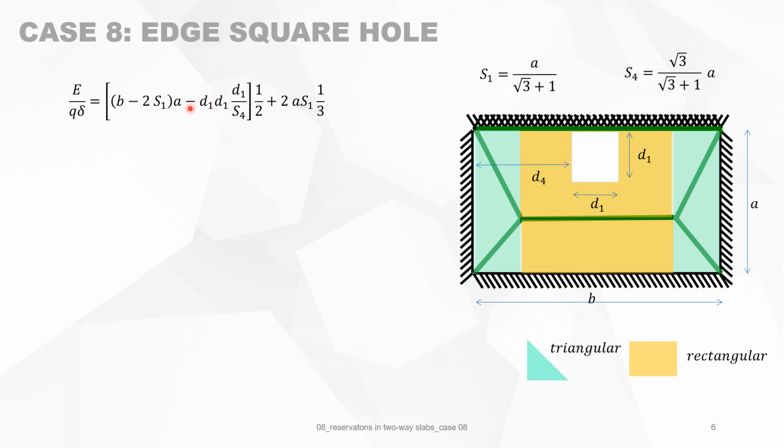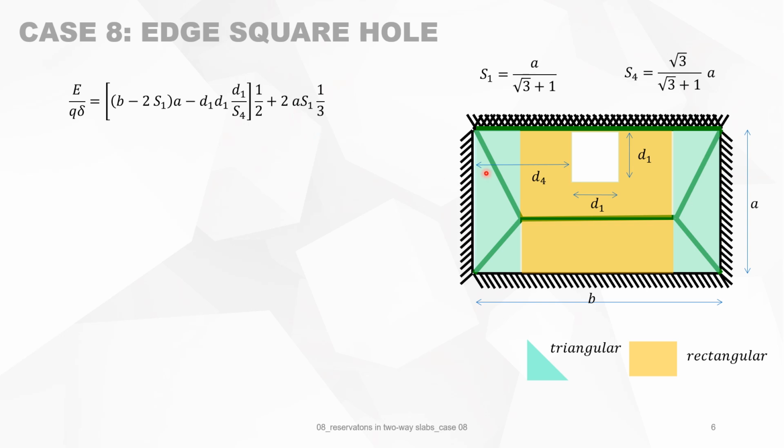The unity of deflection here is 1, or let's put it delta, then at this point the deflection is delta times D1 divided by S4. And then the mean deflection is half of it, delta divided by 2.